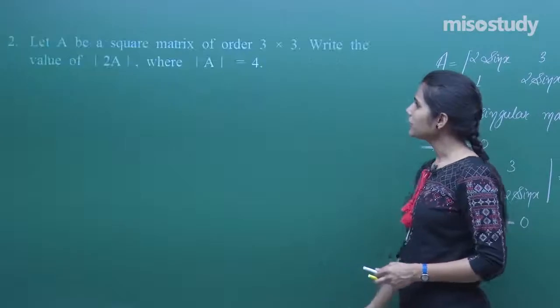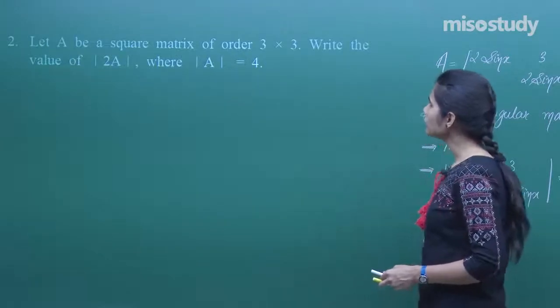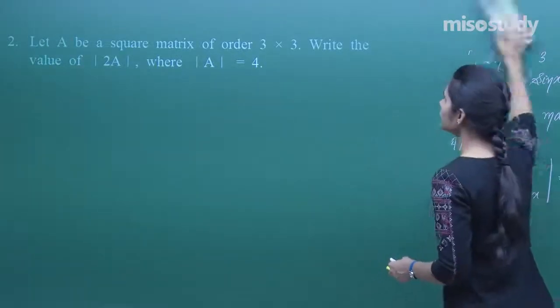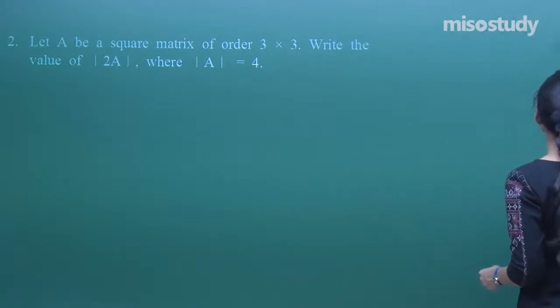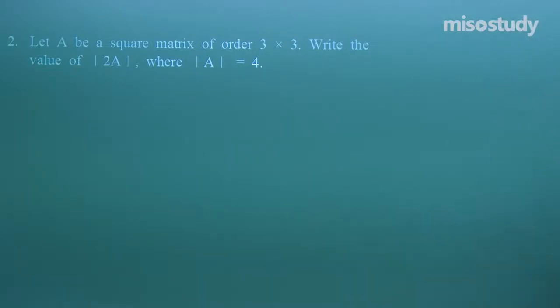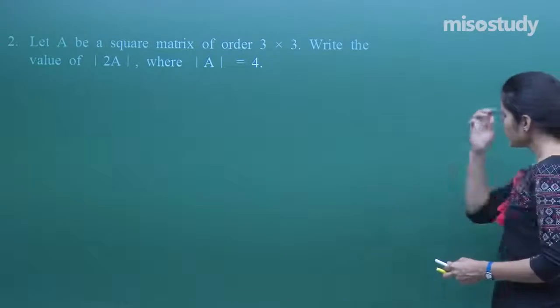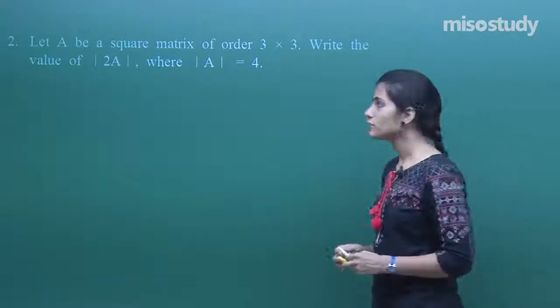Moving ahead, what is it that we have? Let A be a square matrix of order 3 cross 3. Write the value of determinant of 2A if determinant of A is 4. Now this requires a very small basic concept related to the determinant of a square matrix of order n.